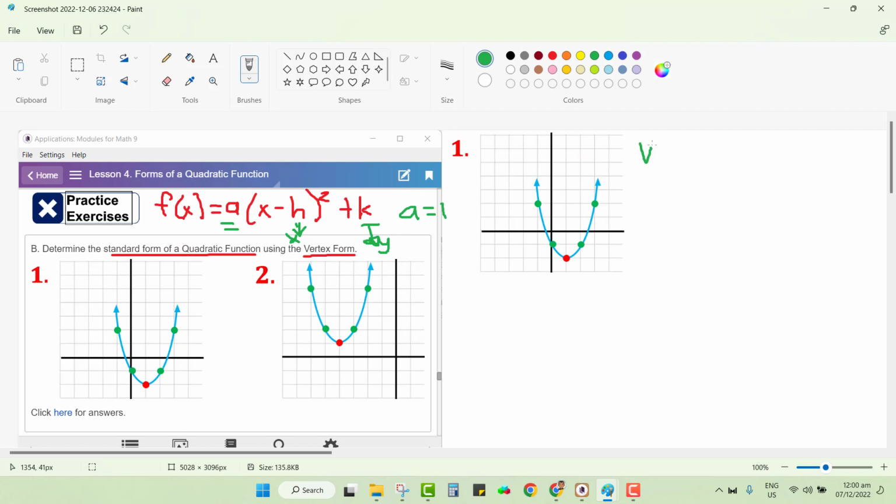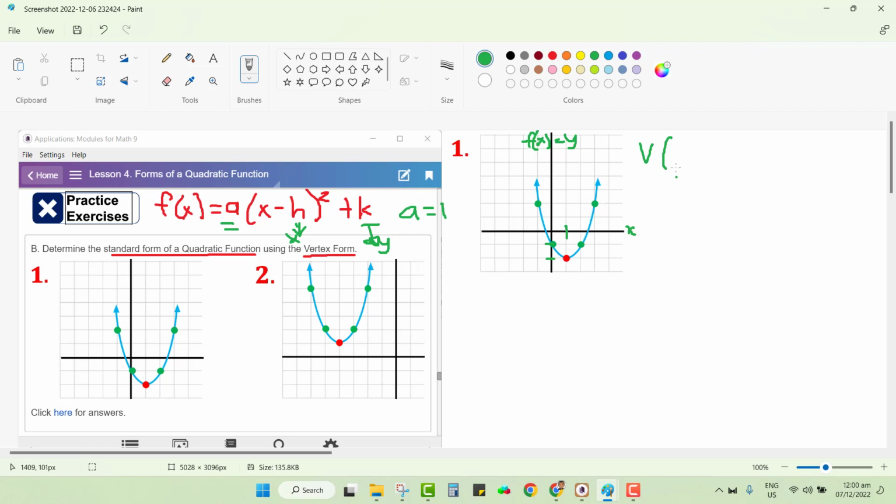The vertex here is given at this point here, and we have 2 points below. Take note that this is your x-axis, and that's your f of x axis, also known as the y-axis. In short, the movement from left to right is your x-coordinate, and above, below, or top to bottom is your y-coordinate.